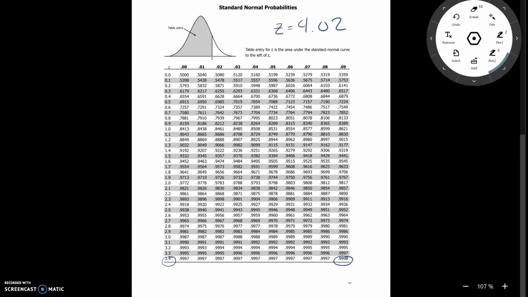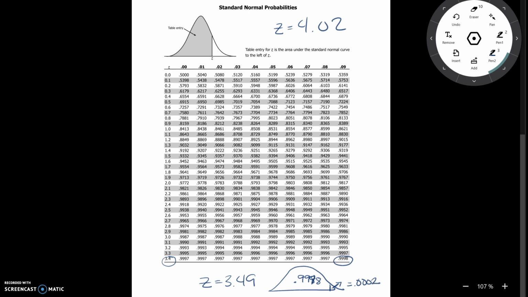Notice here, when z is equal to 3.49, if we drew our normal curve, this area here is equal to 0.9998. So the area left in the tail is equal to 0.0002.